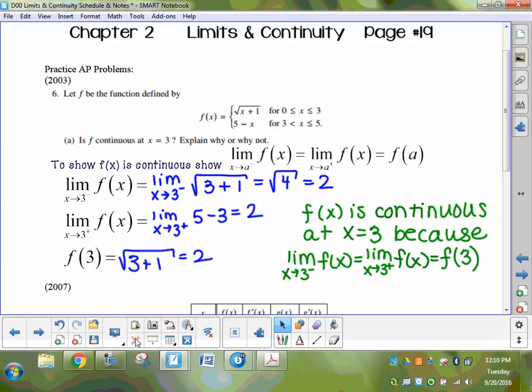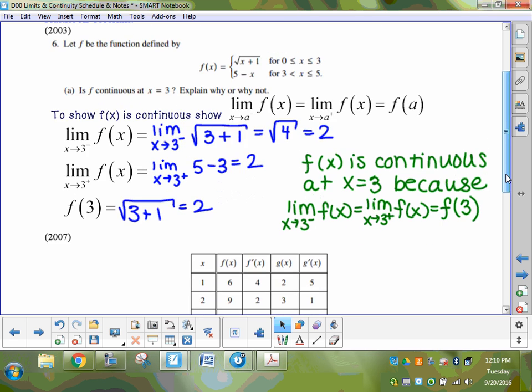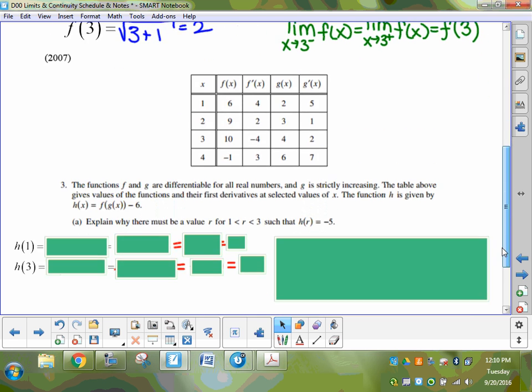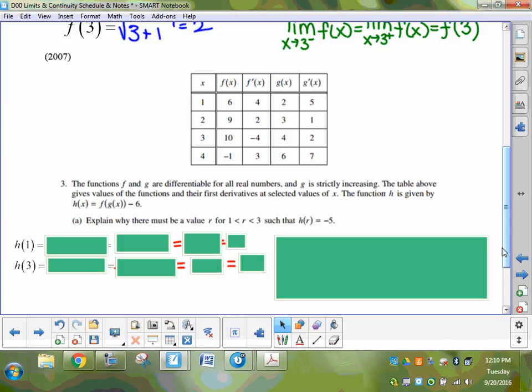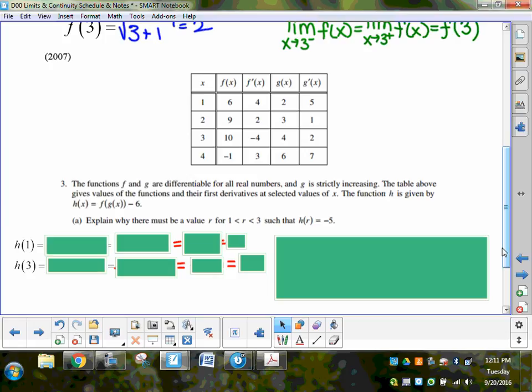Now, this next piece is one, I think, we reference multiple times during the year. This is a terrific AP question because they give you stuff right now that you really don't know how to do, and if you get on weak footing, you fall apart. 2007, 3A.